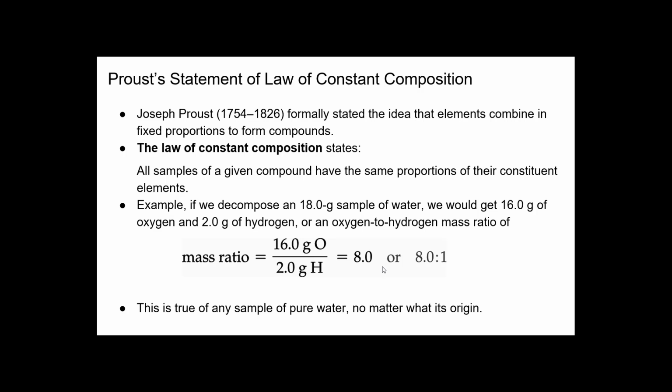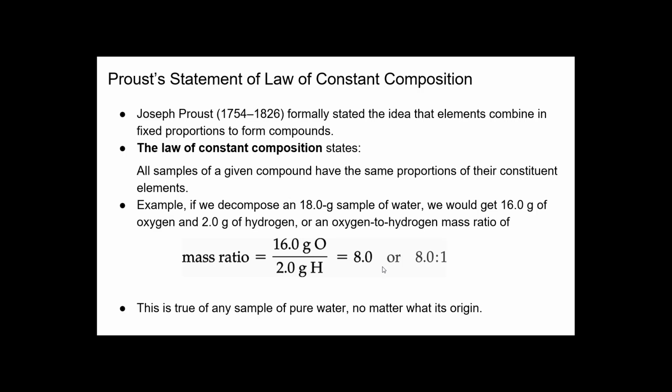So you could determine whether you had hydrogen peroxide or water if you can, through experiments and calculations, determine the mass ratio, because water will always have a ratio of 8 to 1, oxygen to hydrogen, when you're looking at the mass. Hydrogen peroxide will not have a ratio of 8 to 1 when you're dealing with the mass. So this is a way to help you determine what you're actually working with.